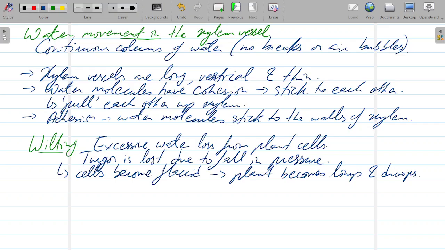And if it goes on for longer than the plant is able to cope, then enough water leaves the cell that the turgor is lost. So it's no longer all swelled up and stiff. It's no longer turgid. And the pressure in the cell falls, and then the cells become flaccid, right?